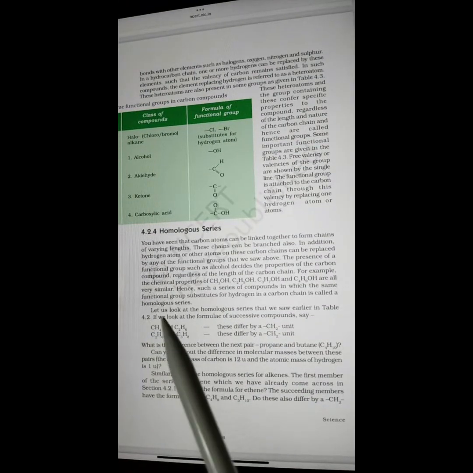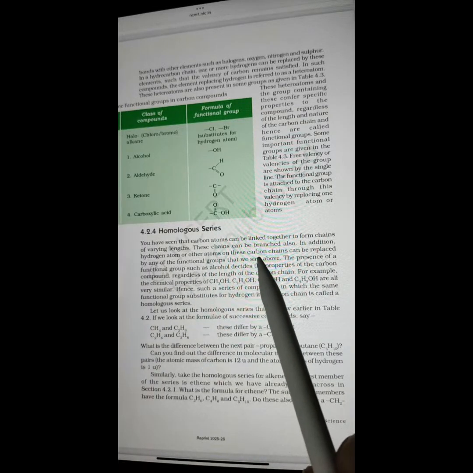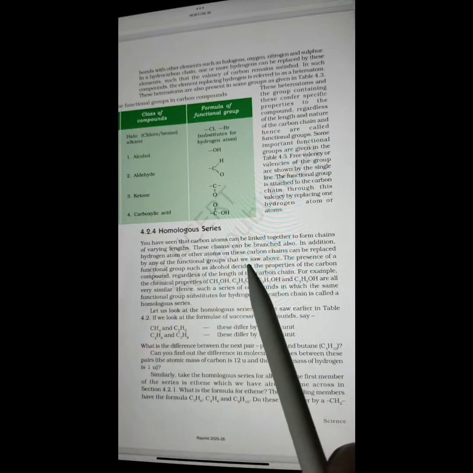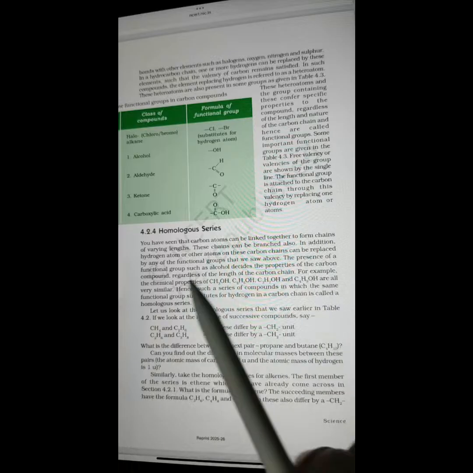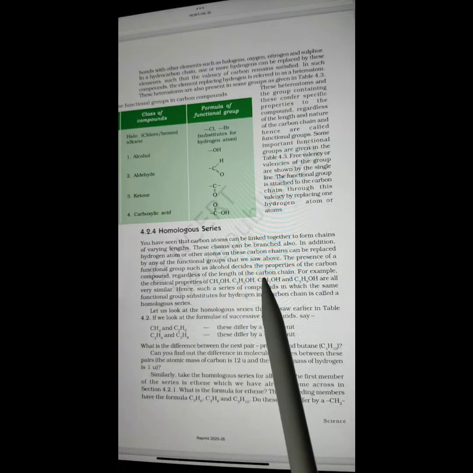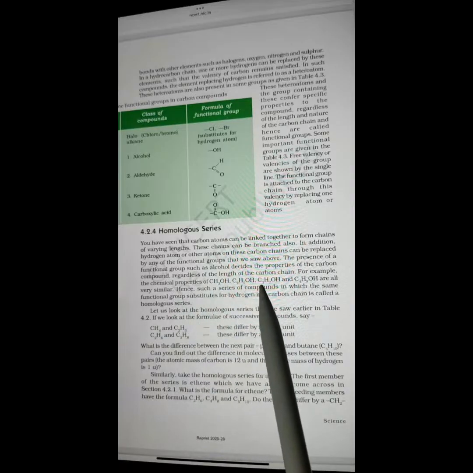4.2.4 Homologous series. You have seen that carbon atoms can be linked together to form chains of varying lengths. These chains can be branched also. In addition, hydrogen atoms or other atoms on these carbon chains can be replaced by any of the functional groups that we saw above. The presence of a functional group such as alcohol decides the properties of the carbon compounds regardless of the length of the carbon chain.